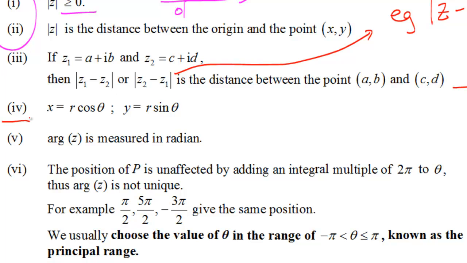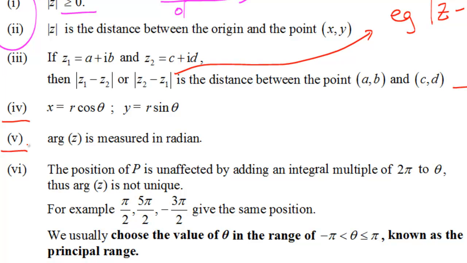We have examined and understood that x is r cos theta, that is the real part of the complex number, and y equals r sin theta. Argument z is measured in radians. This has been mentioned in the previous video.